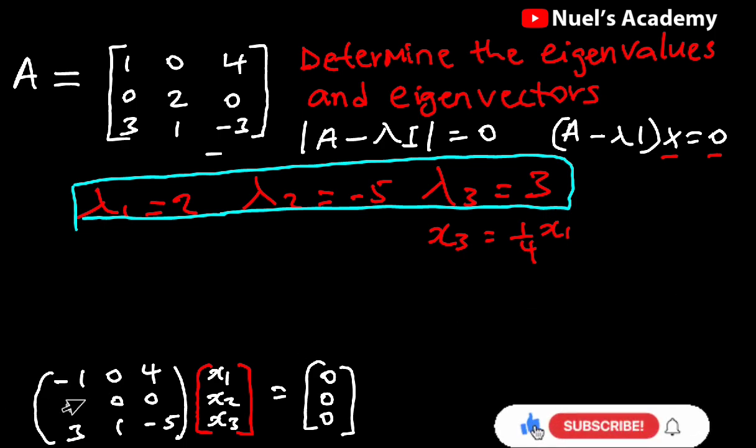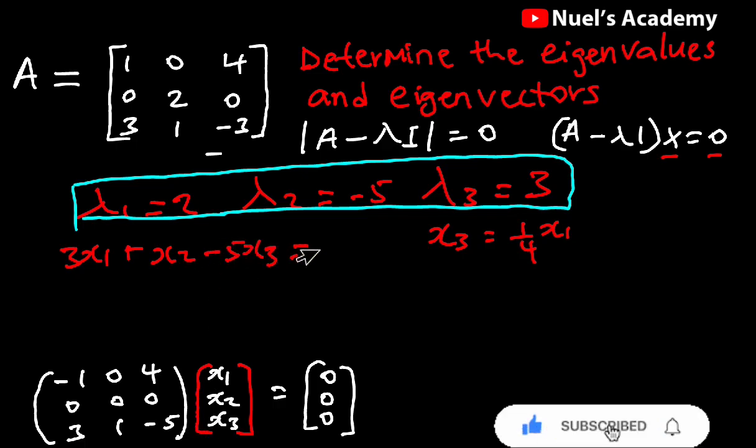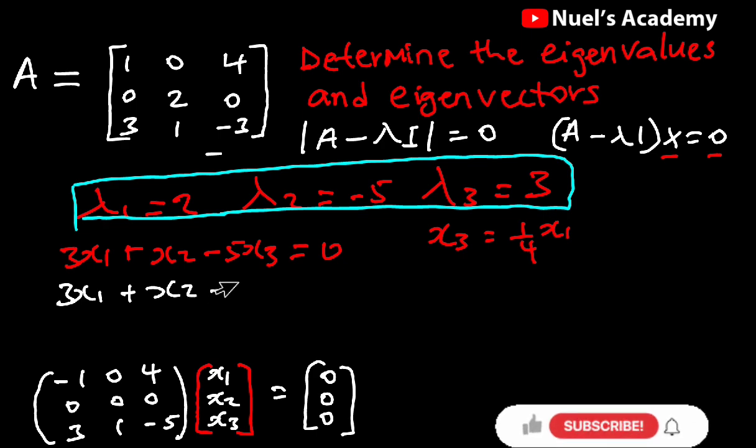Now, we're not going to make use of this second row because everything here is 0. Let's go to the third row. 3 times x1, we have 3x1 plus 1 times x2, we have x2, minus 5 times x3, we have minus 5x3. Then this is equal to 0. So we have 3x1 plus x2 minus 5.